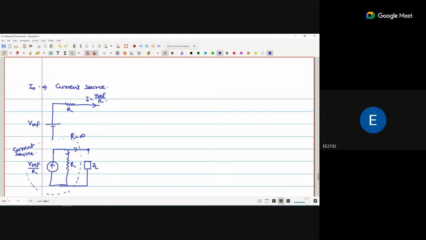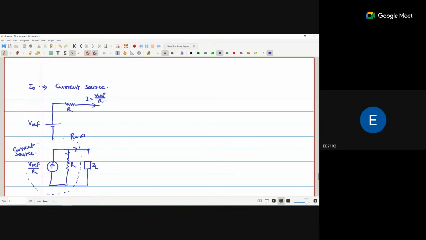So for the current source, we say that an internal resistance is connected in parallel. For the ideal scenario, we assume the resistance is infinite, but practically infinite resistance is not possible.